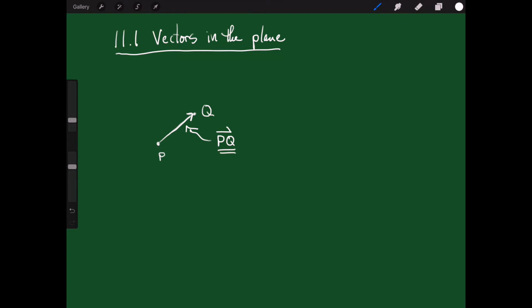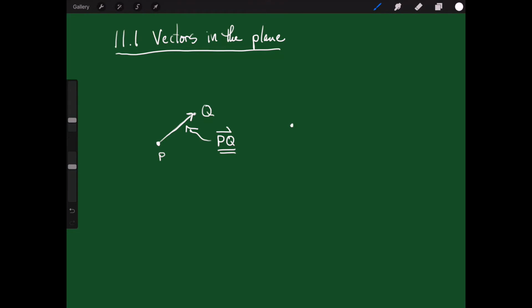Something that's very interesting about vectors is that the origin point of the vector P doesn't really matter. I can move the vector around in the plane, and as long as I don't change the direction or the length of the vector, we consider that to be the exact same vector.